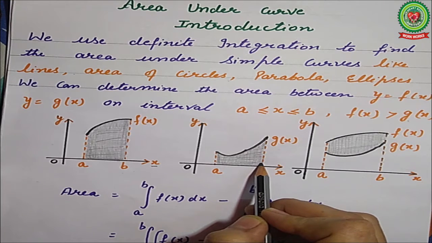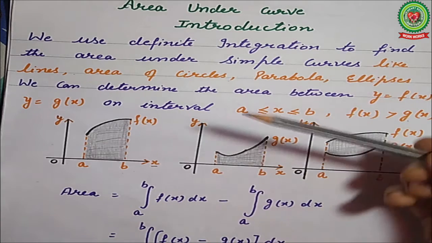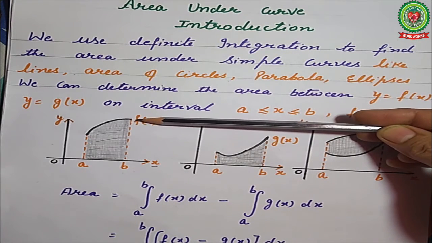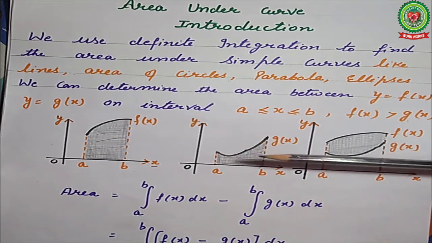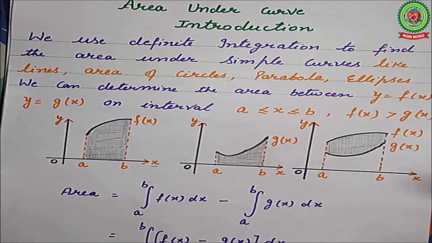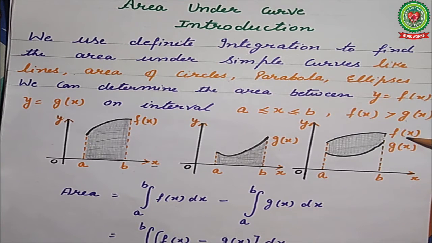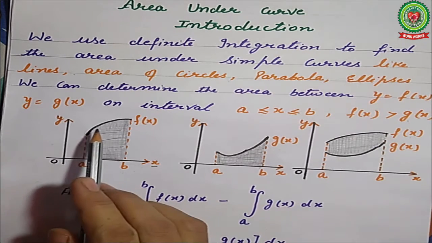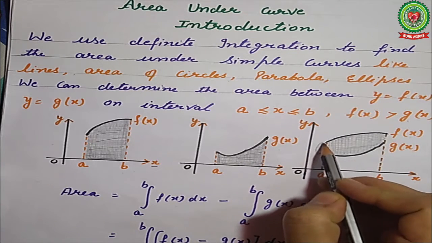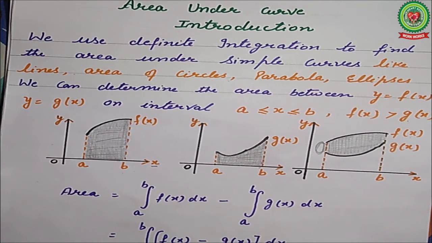We will subtract the area covered by the lower curve from the area covered by the upper curve. So, we will subtract f(x) minus g(x). So, this is the required area between the curves.